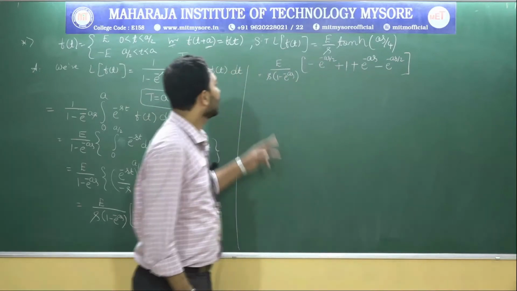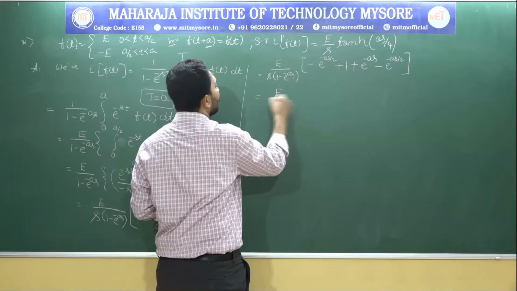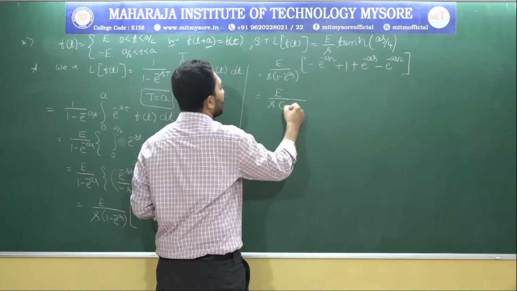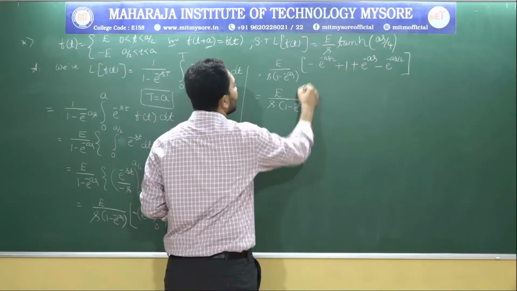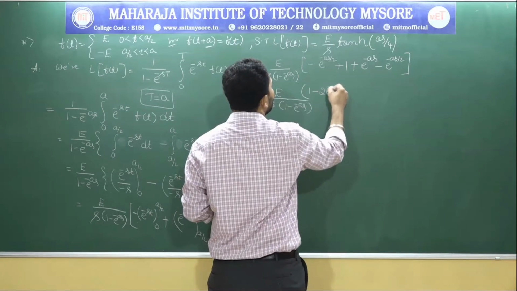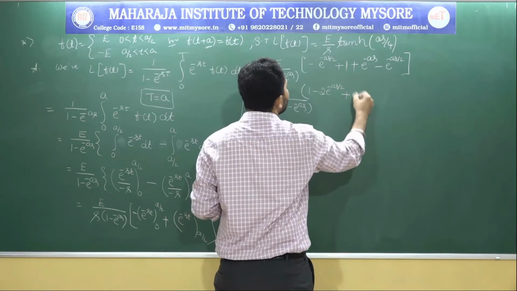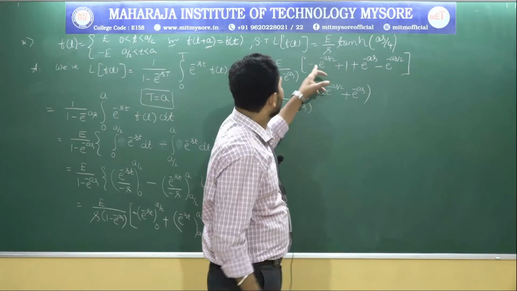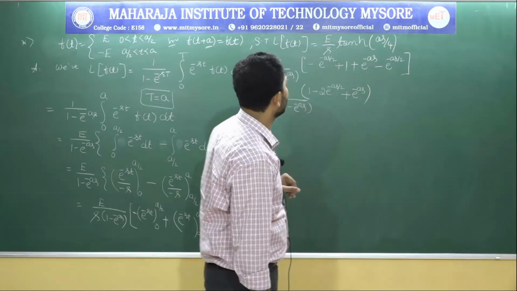So we have E by s into 1 minus e power minus as into, I can write this as 1 minus 2 into e power minus as by 2 plus e power minus as.